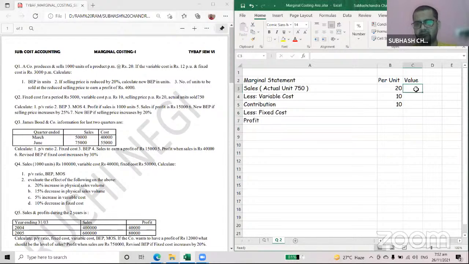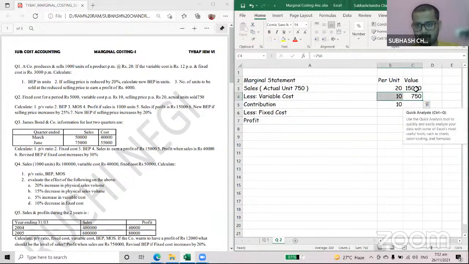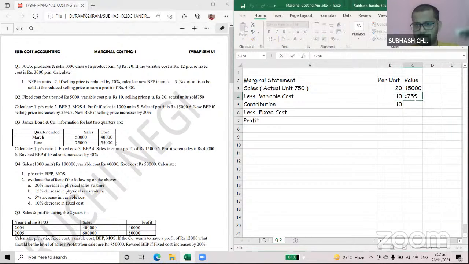And in value, it will be equal to 750, the total units, multiplied by 20, so it will be around 15,000. Then again 750, multiplied by 10.